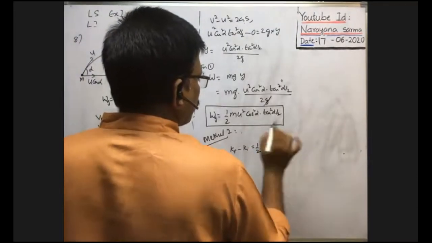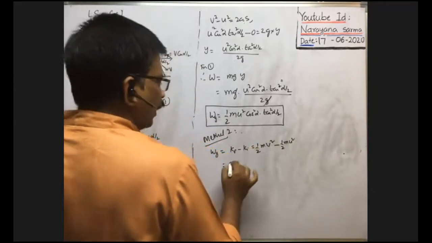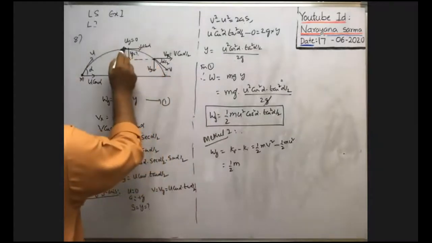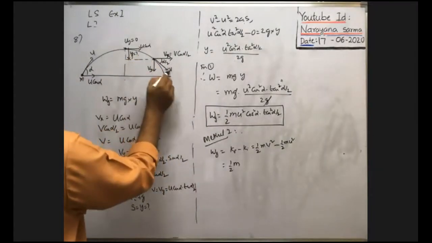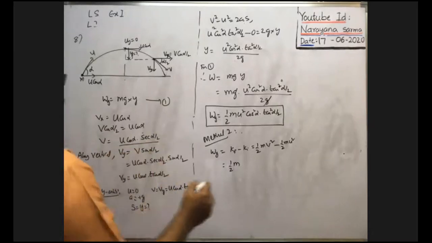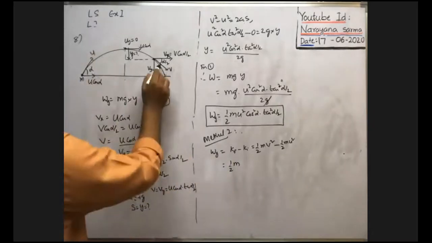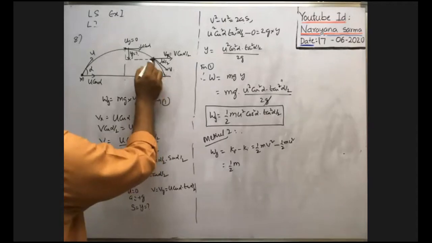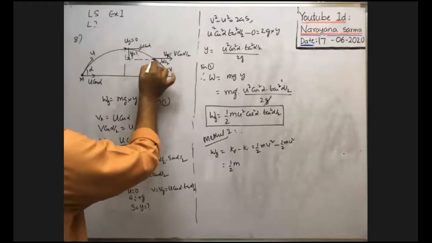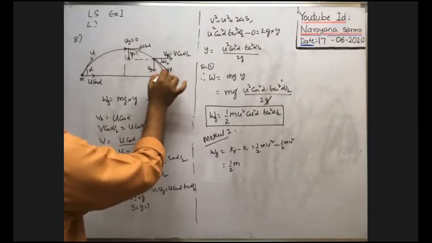Okay. Here, half m into the velocity of this body. Whenever the body comes from this position to this position, what is the velocity of the body? V. Velocity of the body V means this one, no? In order to find the kinetic energy of the body here, the velocity means this one, not components. We should not take components. Actual velocity of the body is this one. That's why half m into v square.